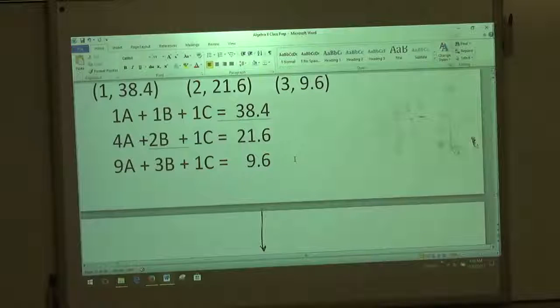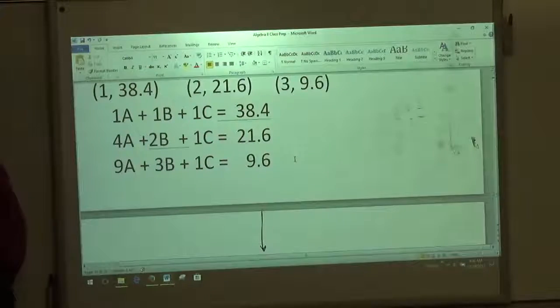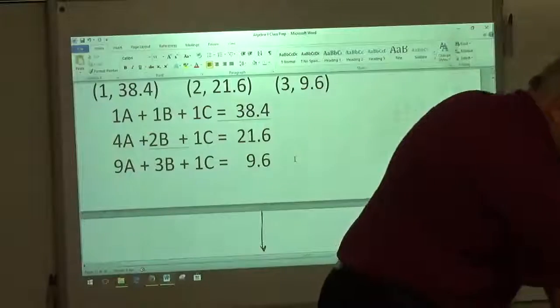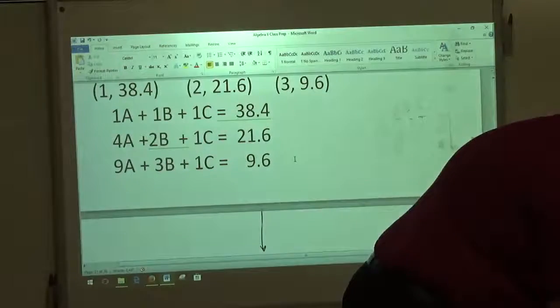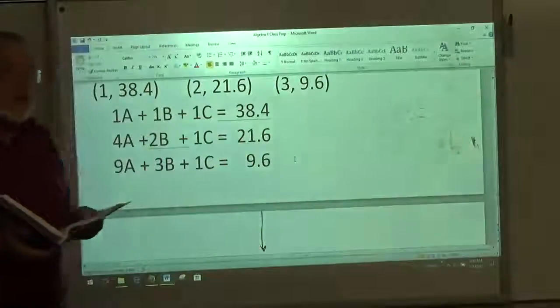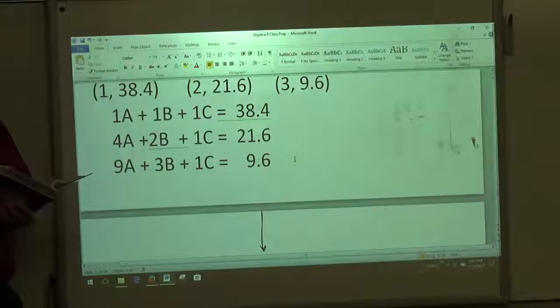Alright, this is on page 210. Okay. All right, now, 210 is talking about the amount of water left in the bathtub.